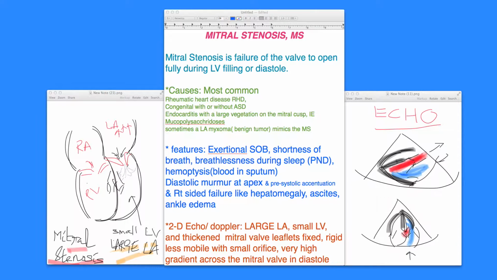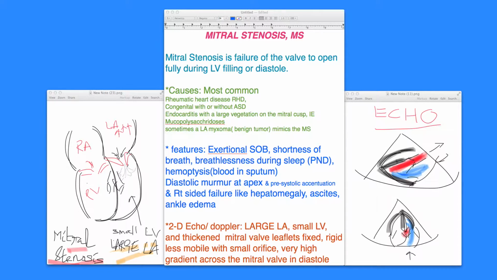And that sounds like a diastolic murmur to the person who is auscultating with the stethoscope. So that's one of the features that is very definable in a setting of mitral stenosis in clinical examination.